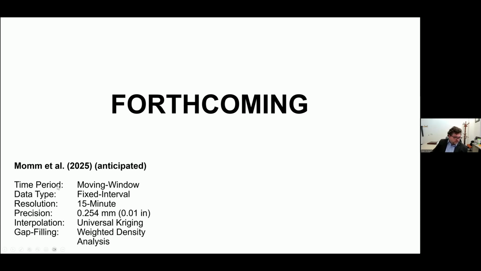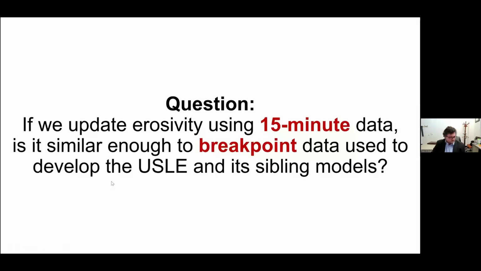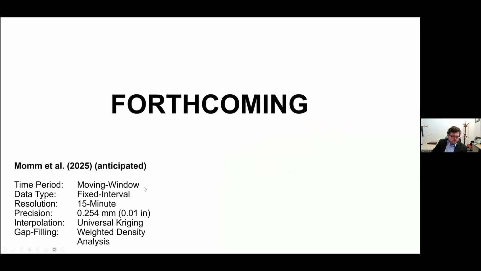I will point out that this is a moving window time period. So there will no longer be, as I understand, a static database, but every 5 years, you're getting updated climates. So this will now start to move with our climate and will become a more dynamic product.